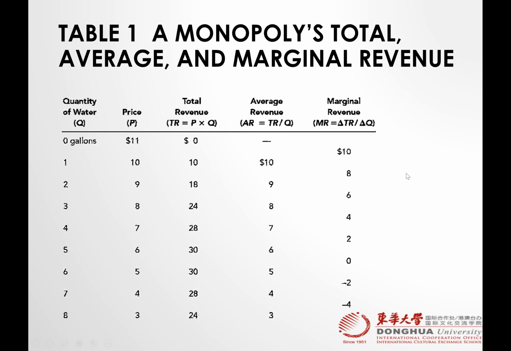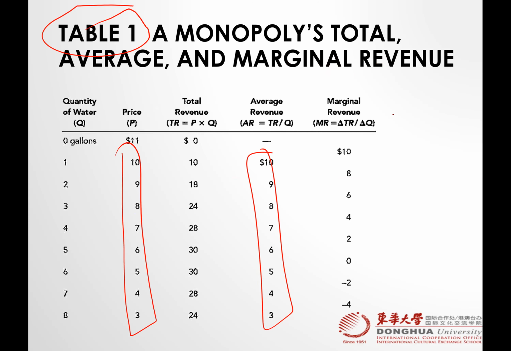In the example, when we talked about Table 1 of your book, in monopoly we find out that price is equal to AR. But did you see something?